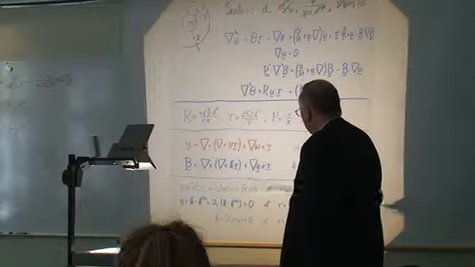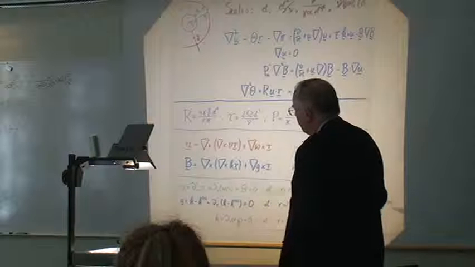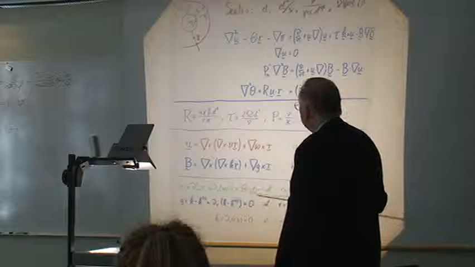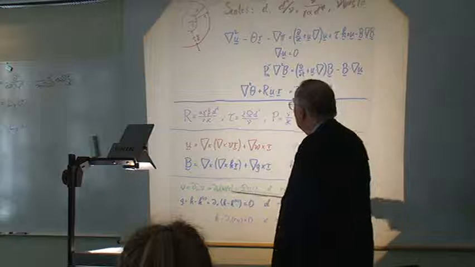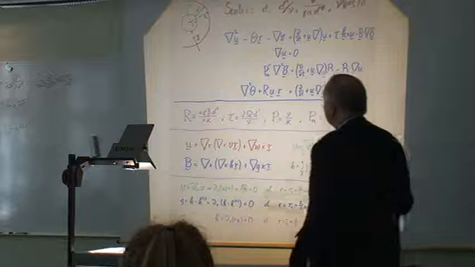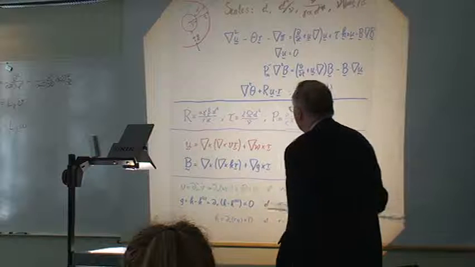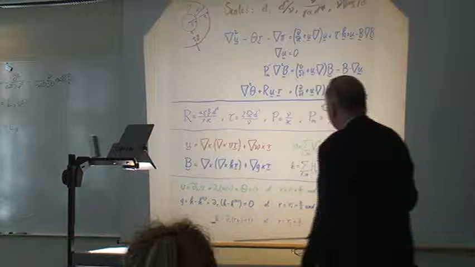We also assume that the temperature is fixed at the boundaries. I mean, this could be changed. It's relatively easy to change. And we also assume that at the boundaries the magnetic field matches the potential field outside. That means the outside of this shell is assumed to be insulating.